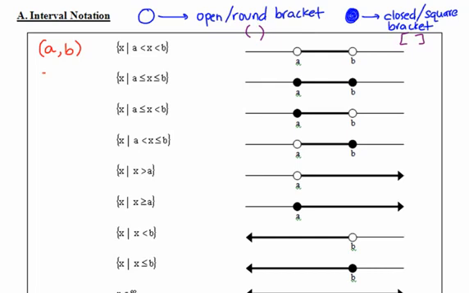For the next one, because of the equal to symbol, we'd use square brackets. It's greater than or equal to a, and less than or equal to b, so we'd use square. If it's between a and b but not including b, you'd use a square bracket for a, comma, b round bracket, or vice versa. Round bracket for a if it's greater than a but less than or equal to b, and square bracket for b.